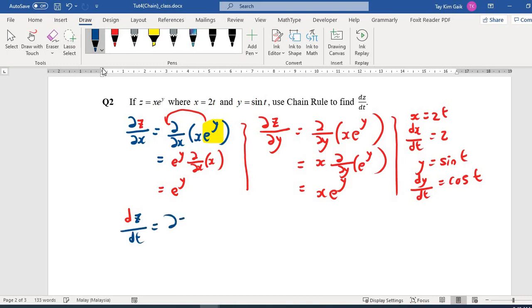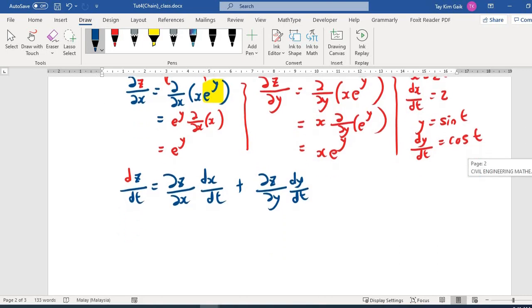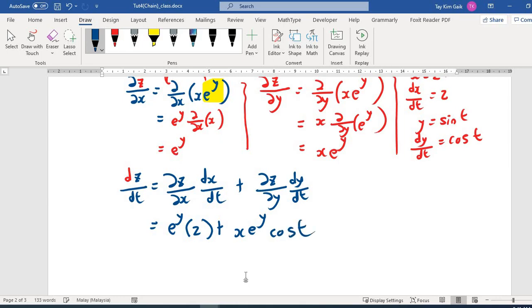It will be your del z del x multiplied by dx dt, plus del z del y multiplied by dy dt. So this is the so-called chain rule. So plug in each derivative. You have exponent y, dx dt is 2. Del z del y is x exponent y, dy dt is cos t.